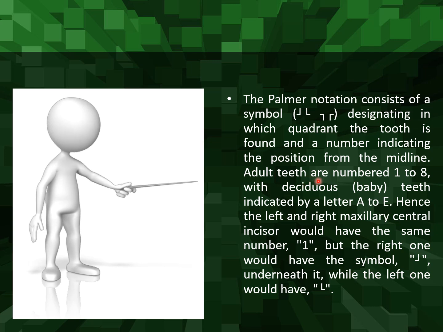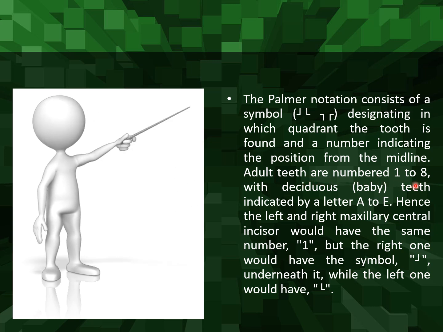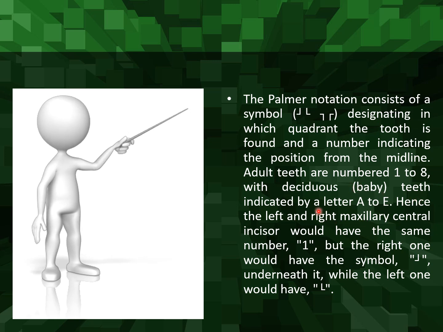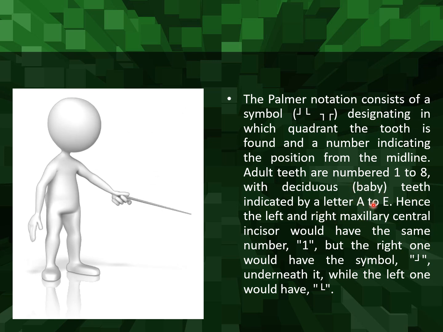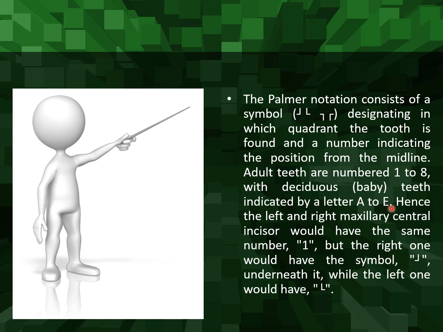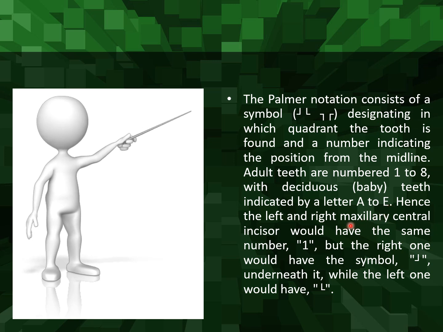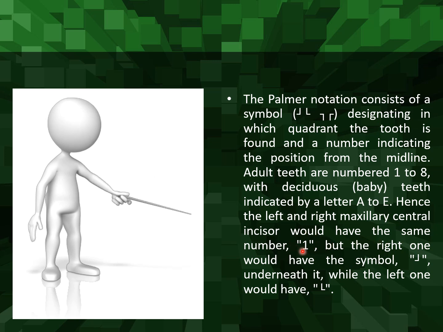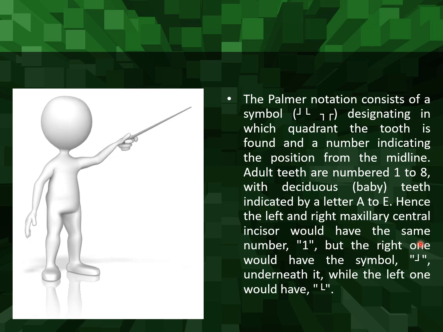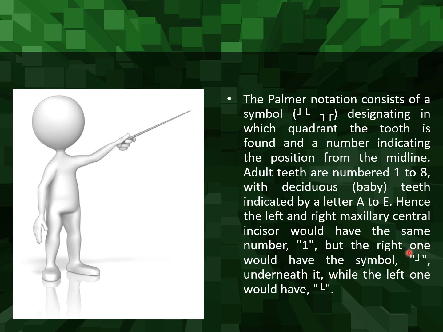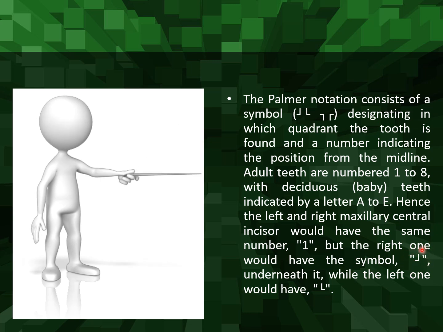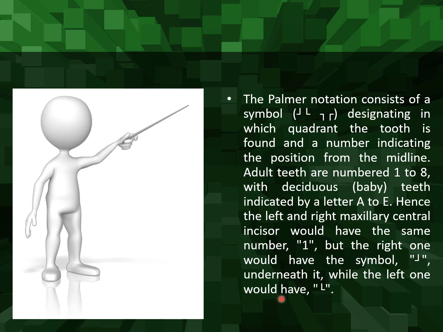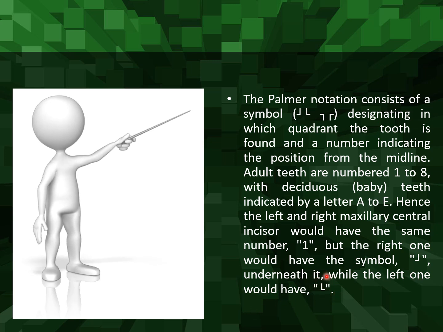Adult teeth are numbered 1 to 8, with deciduous baby teeth indicated by a letter A to E. Hence, the left and right maxillary central incisor would have the same number 1, but the right one would have the symbol like this underneath it, while the left one would have another symbol.